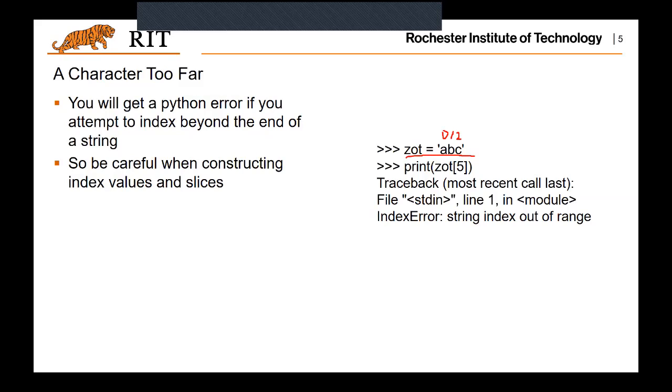So anything beyond 2 will bring you trouble. For example, this line tries to print a character in this string, but its index is 5, which is impossible. You cannot go beyond 2. So obviously there will be an error message shown here. So that's a case.